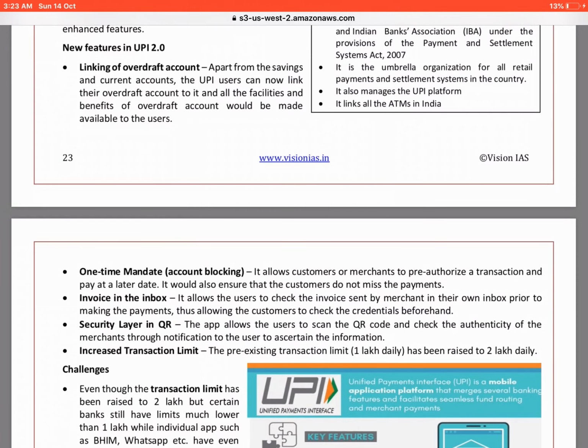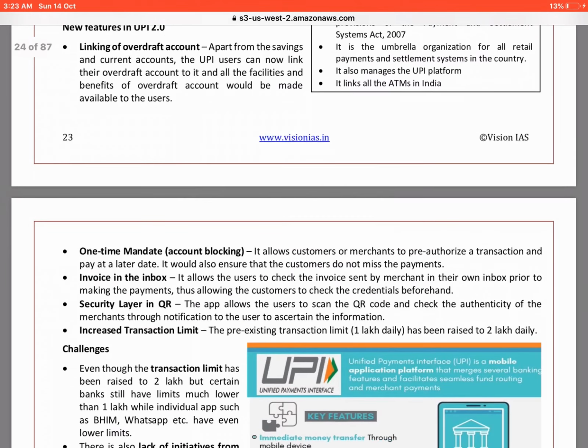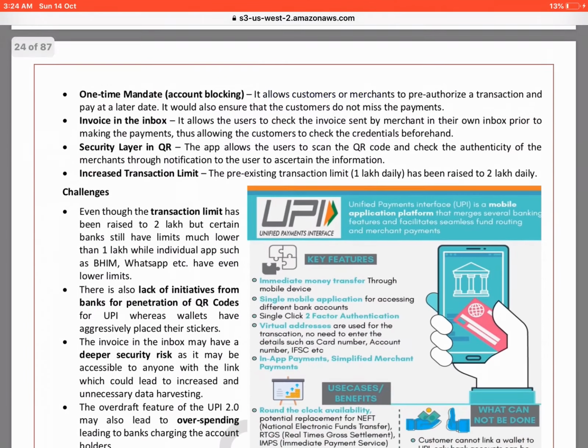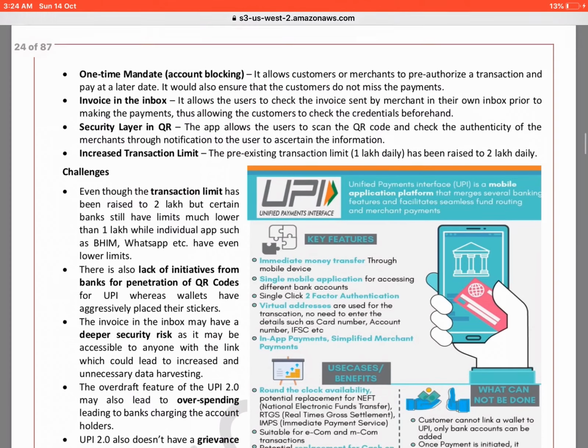Just like current account and saving account, overdraft accounts are also now linked, which will provide the same facility in normal overdraft accounts. And next is one time mandate account blocking, means that you can pre-authorize a transaction and you can pay that amount later, so that the customers do not miss their payment deadline.